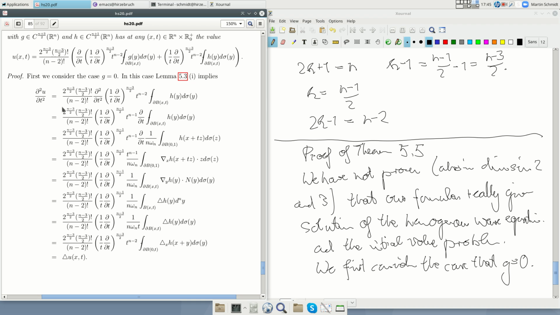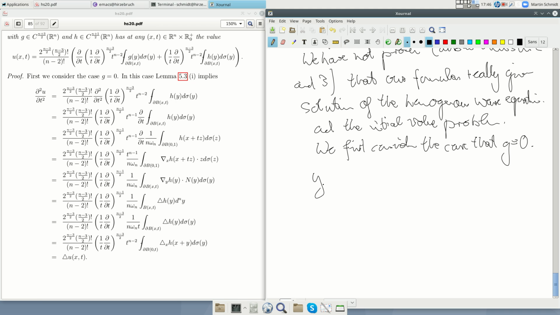So now we have to calculate this derivative. Okay, we always do the derivative by choosing the domain such that it does not depend on t. So we write this in this form here. And the measure of the boundary of this ball is n times omega n. So we first do this transformation that we use instead of the coordinates y. So we have y equal to x plus t z. So z is the same as y minus x divided by t.